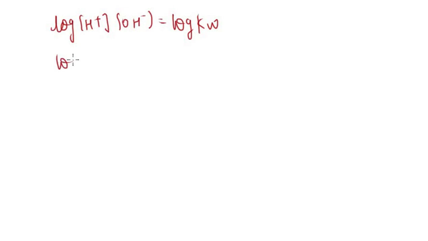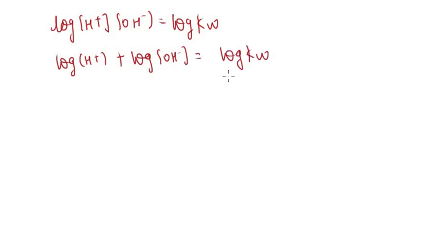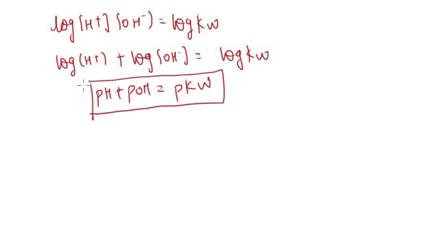So log H plus plus log OH minus equals log Kw. Multiplying both sides by minus 1, pH plus pOH equals pKw. This is the relation between pH and pOH.